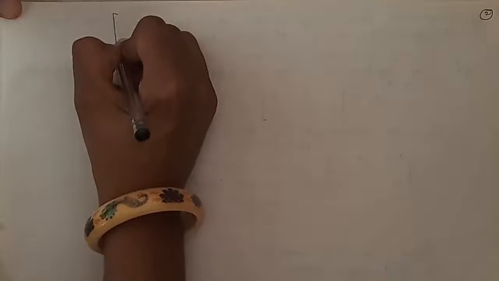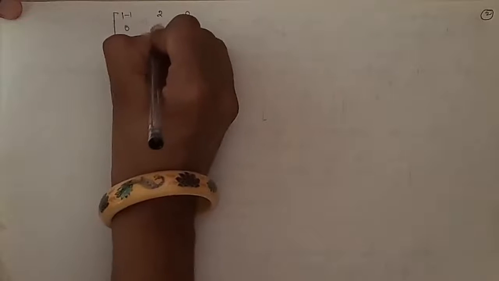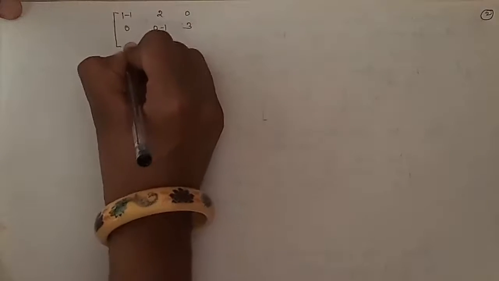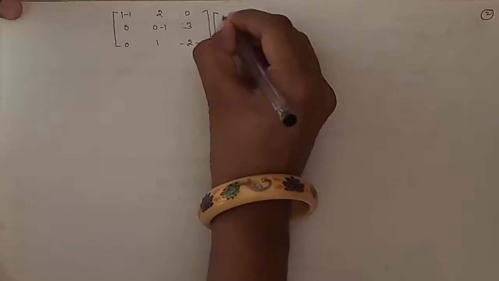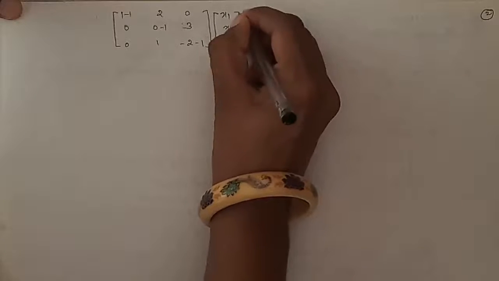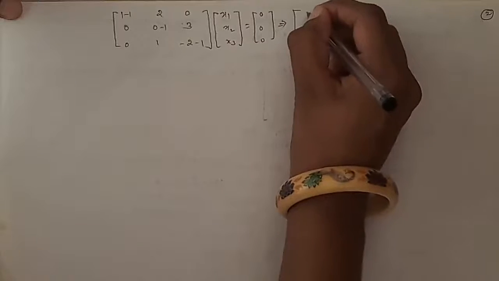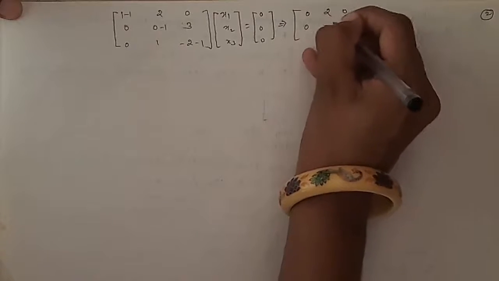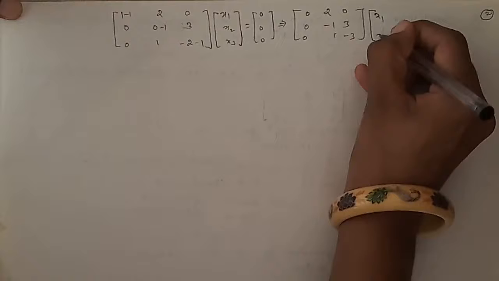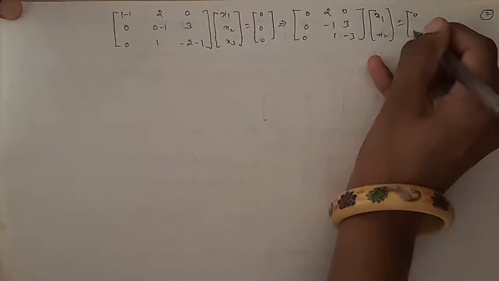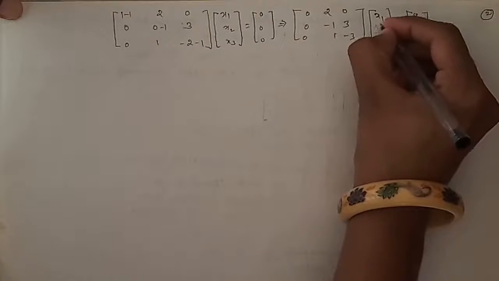So [1 minus 1, 2, 0; 0, 0 minus 1, 3; 0, 1, minus 2 minus 1] times [x1, x2, x3] is equal to [0, 0, 0]. On solving this, we get [0, 2, 0; 0, minus 1, 3; 0, 1, minus 3] times [x1, x2, x3] is equal to [0, 0, 0].